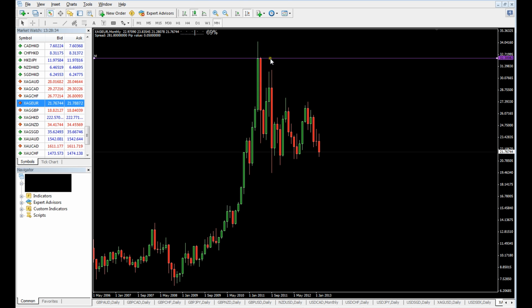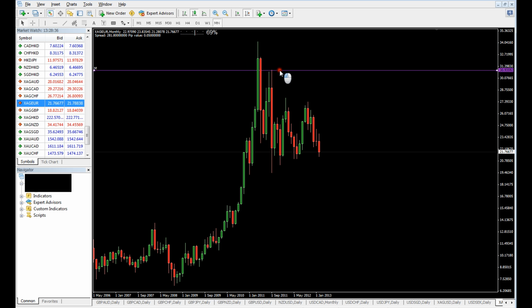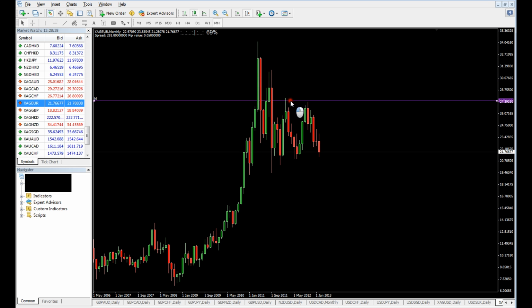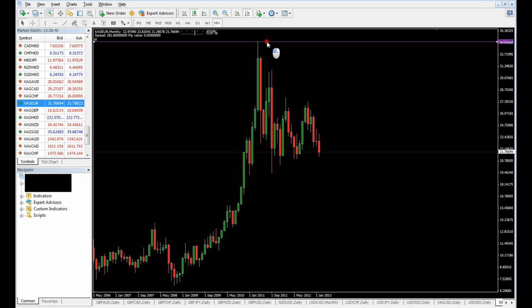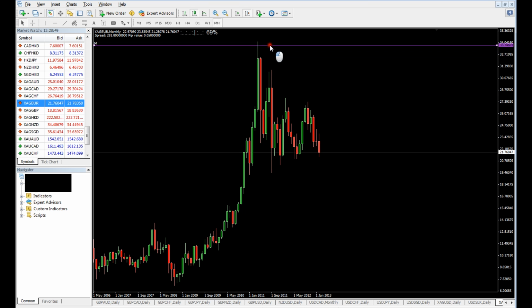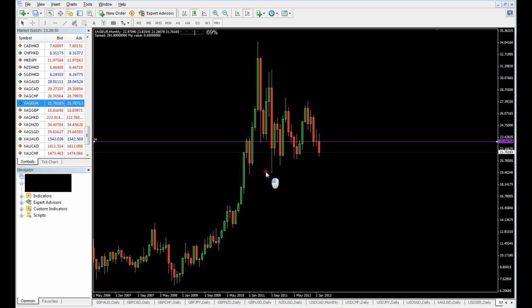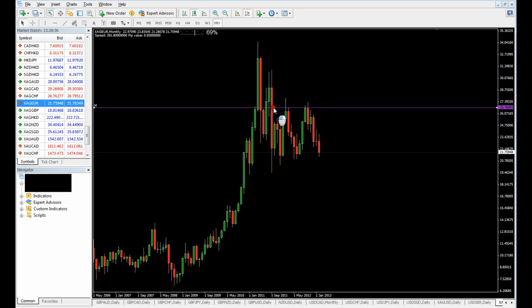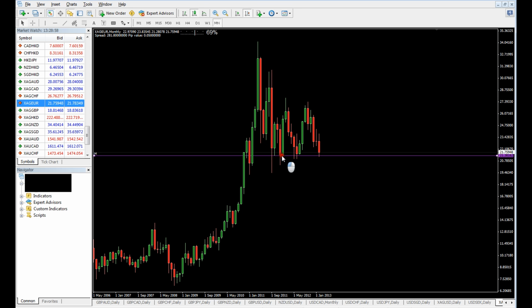If we put the same lines at the top of the wicks, they will be called liquidity levels. Liquidity because it is where traders went all up or all down to find and use liquidity from other traders in order to make their trades.